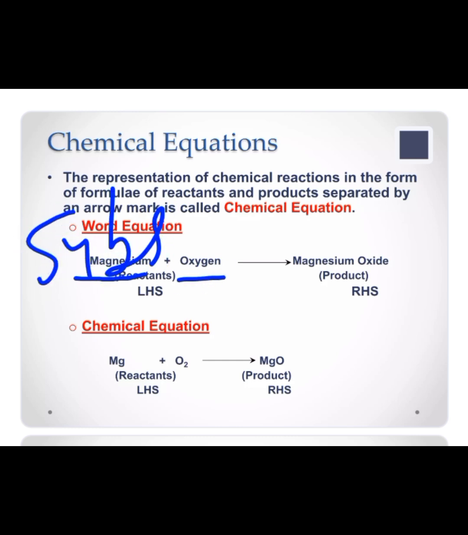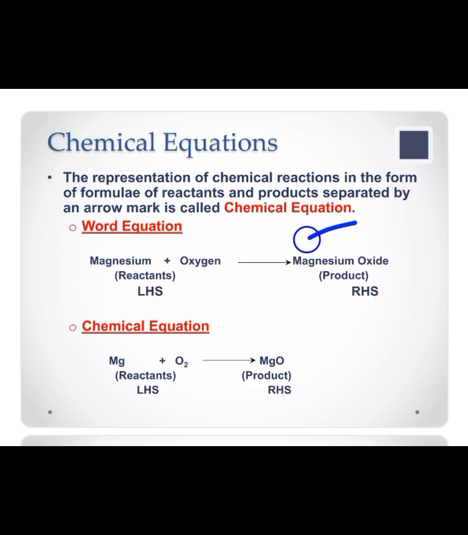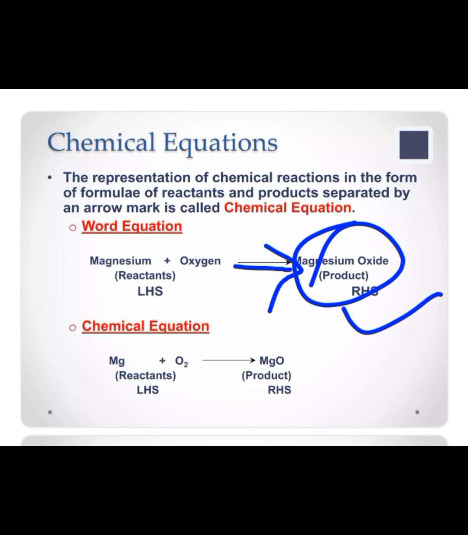Substrate and reagent combine to form products on the right hand side, and these reactants and products are separated by the arrow. This arrow mark is represented in the forward direction.